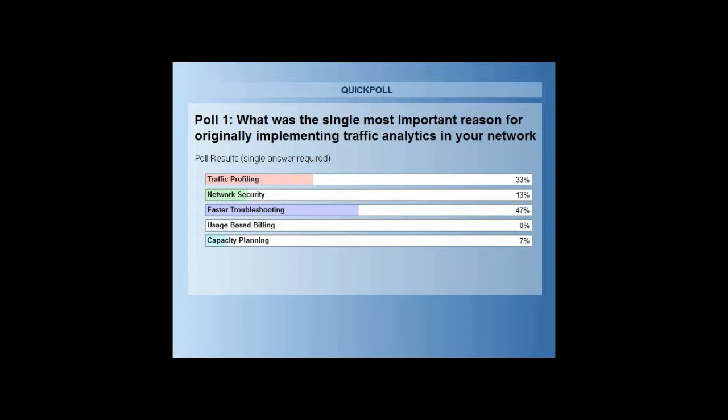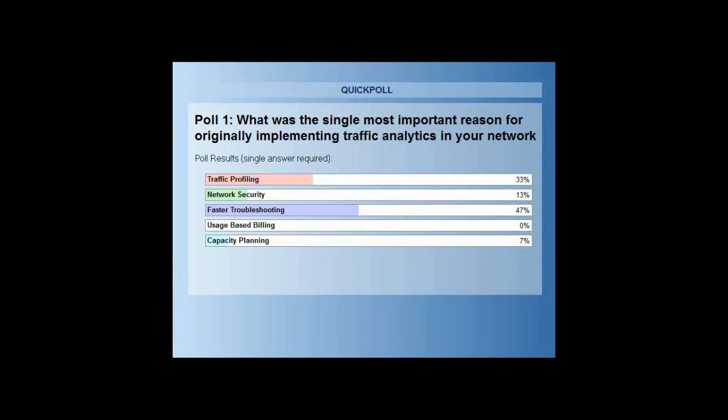And then capacity planning is also very low usage, but that's also a very good usage of bandwidth monitoring and traffic analysis, taking capacity planning decisions. And traffic profiling and troubleshooting are important factors, because quicker troubleshooting means more uptime.